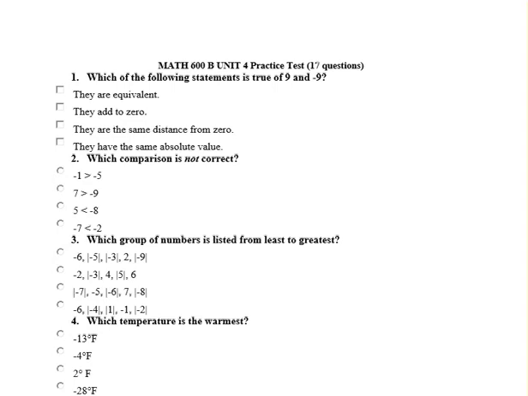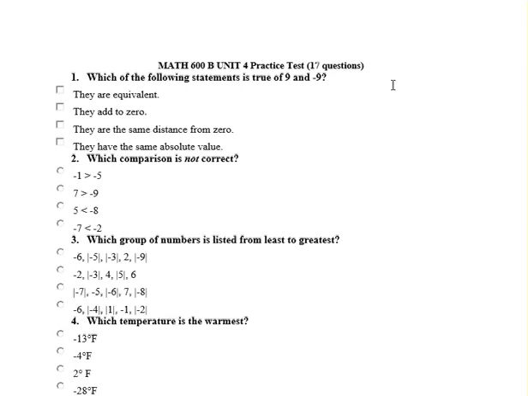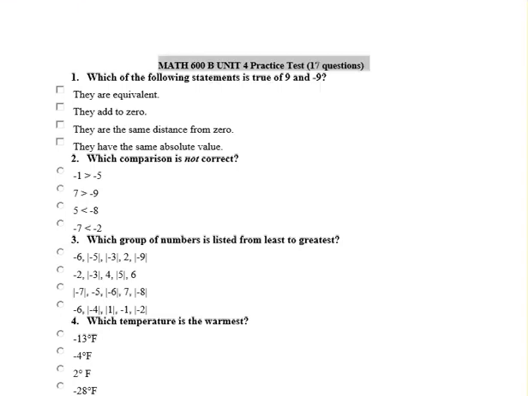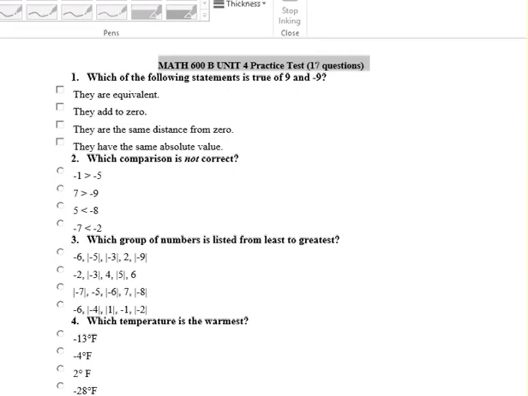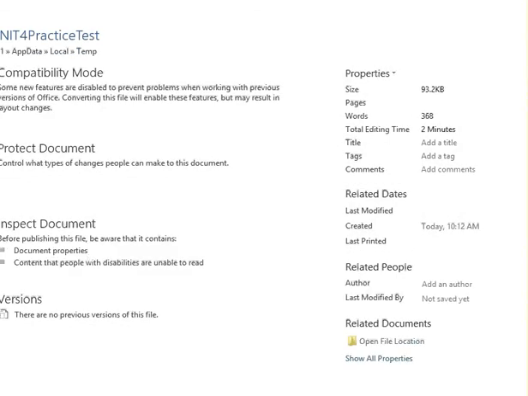So I'm going to get my pen. It allows me to write on the screen. It wasn't allowing me to get ink, and it still doesn't look like it is. But let me try this. Ink color, choose the ink color. Okay, it's not giving me any ink colors. Nope, that's not what I wanted.